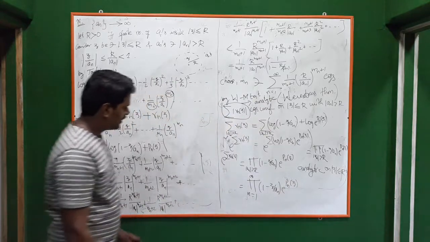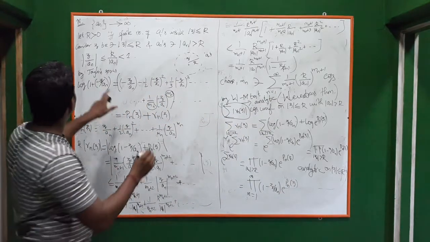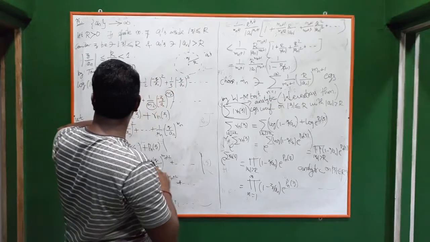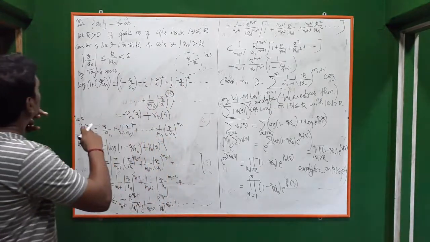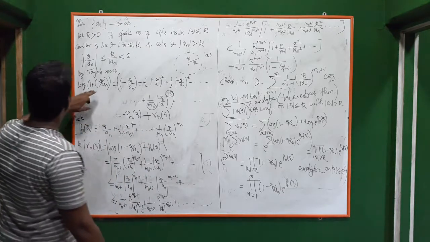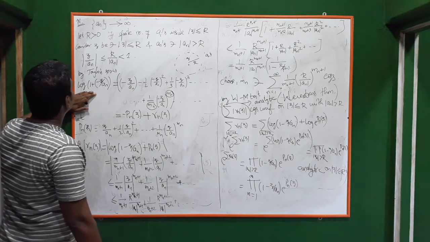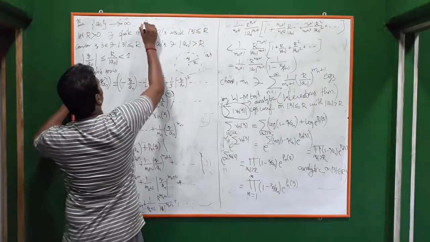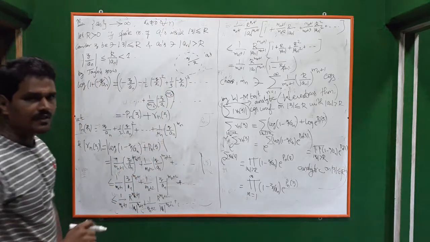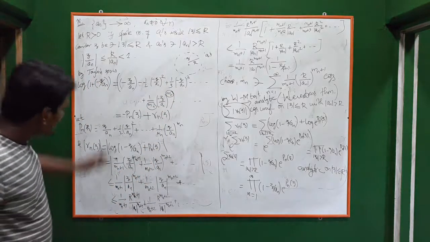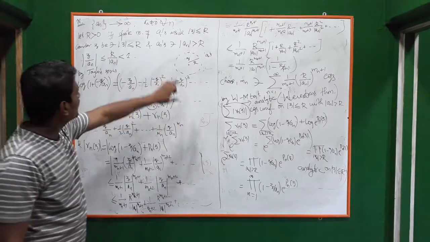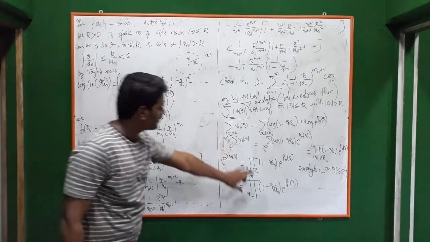Okay, this is the case for an not equal to 0 for any n. If an is not equal to 0 for any n, then this is true. Then only we can do everything here, till here.